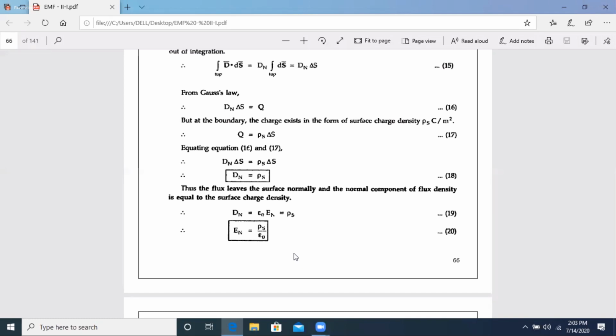Determine the electric field intensity vector and the electric flux density vector in medium 2.